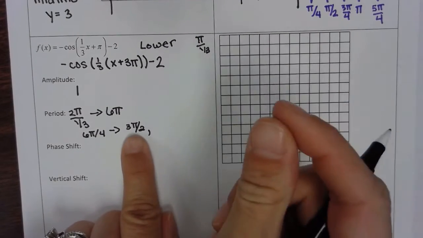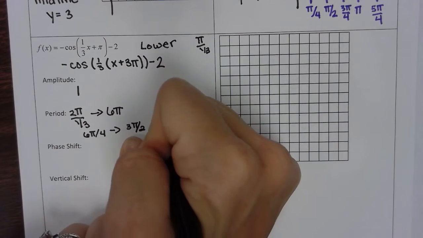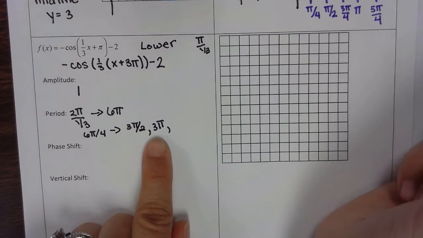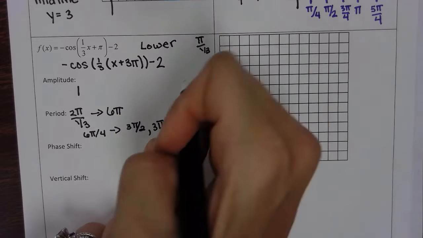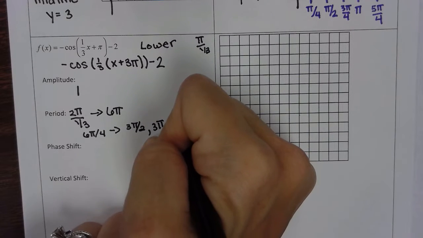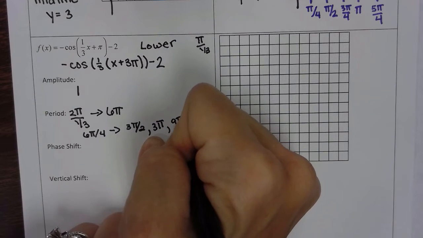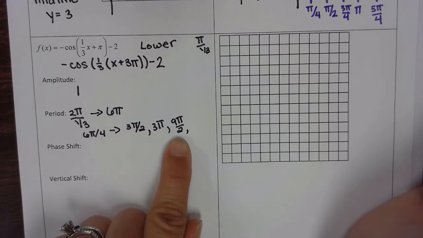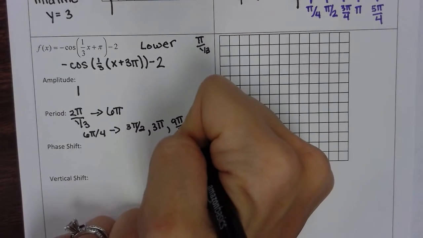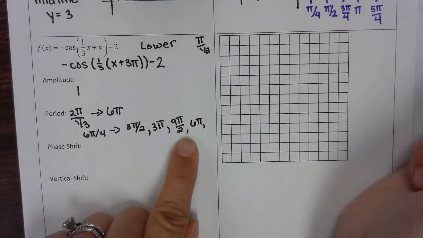Remember, the denominator stayed the same. So 6 pi over 2 reduced is 3 pi. I'm going to keep thinking of this as 6 pi over 2. 6 pi over 2 plus 3 pi over 2 is 9 pi over 2. 9 pi over 2 plus 3 pi over 2 is 12 pi over 2, which is 6 pi. That's our period.